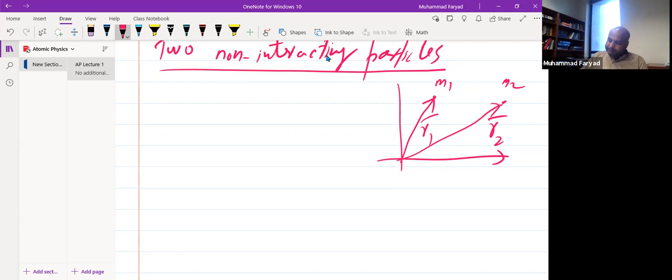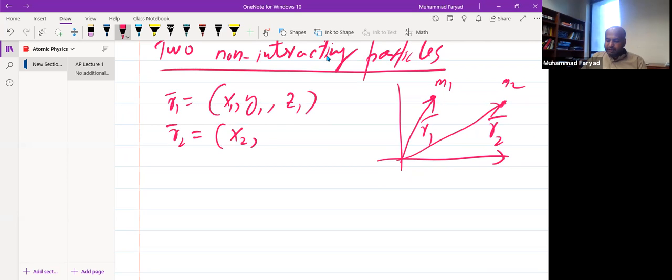Since these two particles are non-interacting, each position is given by 3D coordinates: R1 is x1, y1, z1, and R2 is specified by x2, y2, z2. Suppose there is some potential which acts on this one and that one independently.